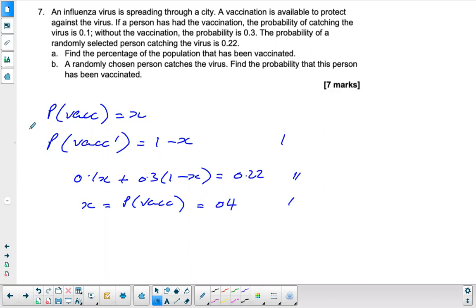That's part A. And part B, randomly chosen person catches a virus, find the probability this person has been vaccinated.